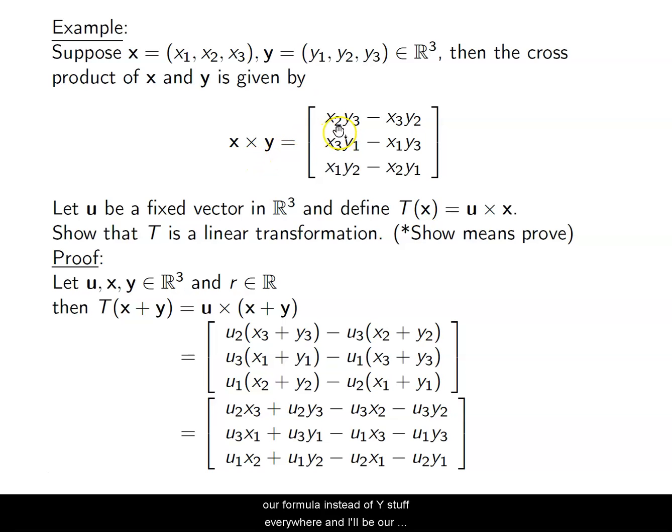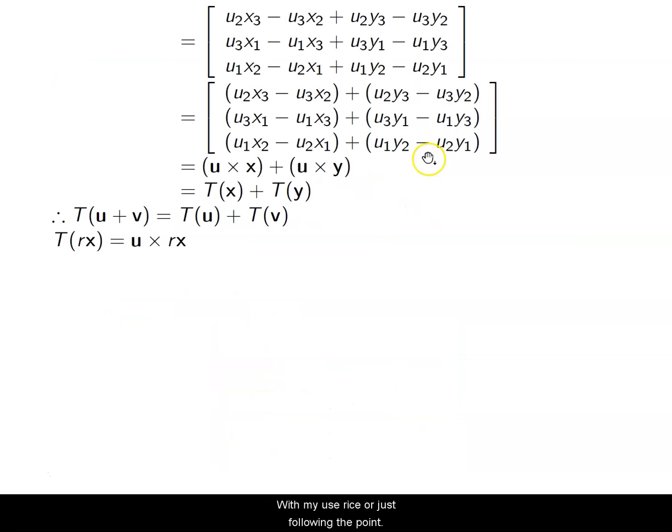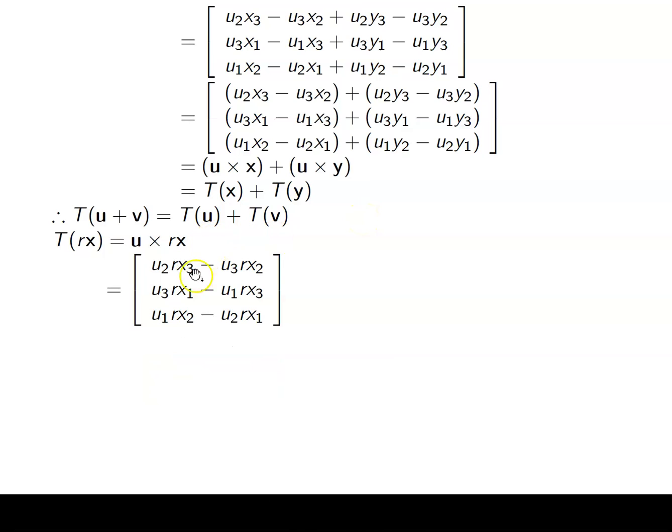Instead of y stuff everywhere, it'll be r times each of my x stuff everywhere with my u's, right? So we're just following the formula. So u2, rx3, u3, rx2, u3, rx1, u1, rx3, etc., right? So now on the next step, again, let's think about where we're trying to go. We want to show that this will be the same thing as r on the outside times the transformation of x, okay?